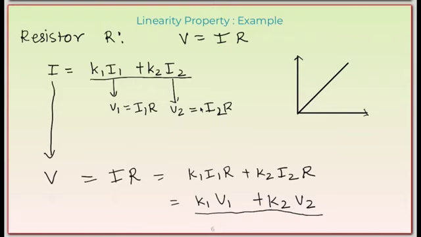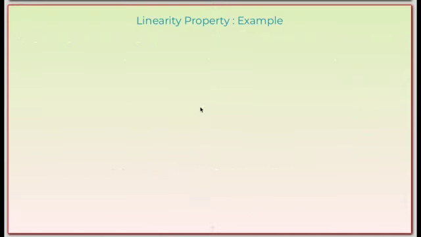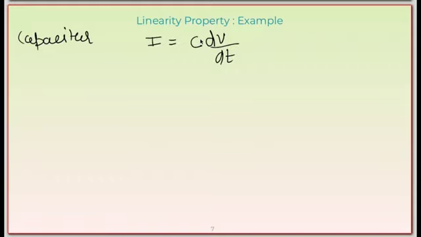The next example that we are going to take is that of a capacitor. We already know that for a capacitor, the terminal relationship is I equals C dV by dt. Now for the sake of analysis, I am going to assume that V is our input and I is our output. So let me assume V as K1 V1 plus K2 V2.